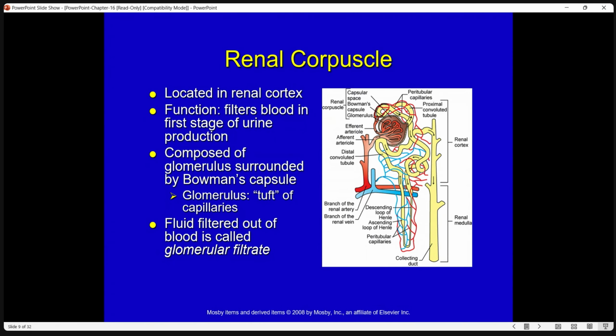It is from the ascending and descending loop of Henle that there is reabsorption of sodium, electrolytes, and all that. And then lastly, that liquid passes through the collecting duct. In the collecting duct, there's just reabsorption of water, and that is the process that happens during urine formation.